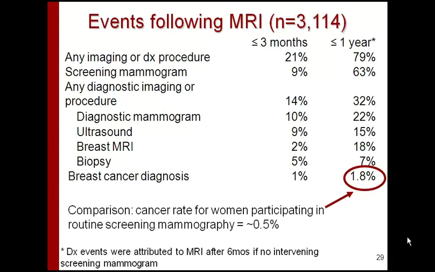And we think that's probably an indication that we're definitely getting a higher risk pool. On average, when you compare it to what you see with mammography in the United States, the cancer detection rate after 1 year is about 0.5% as reported. So definitely evidence that whoever is participating is at a higher risk than average.